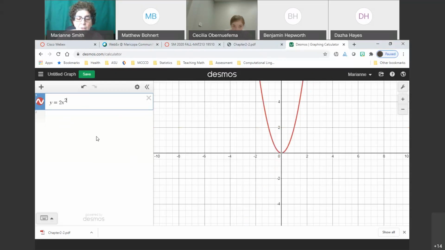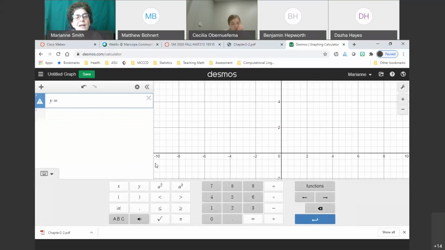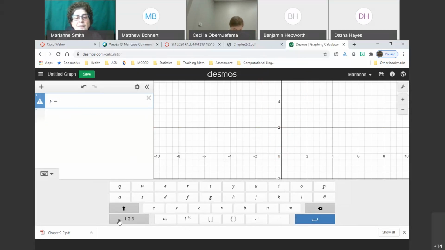I want to see how smart Desmos is. So 2x squared minus x minus 1. Let's see if it knows enough to, nope. So here's the trick with Desmos. You need to be able to create a fraction. I'm trying to see if there is a way in the template to create a fraction. I'm not seeing one.